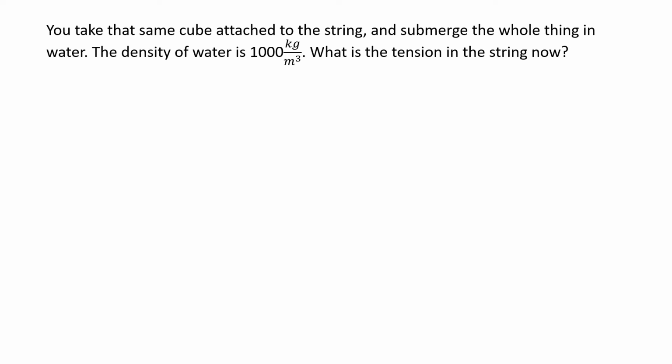So we take that cube, it's attached to the string, and we're going to find out that the tension is not going to be the same. There's this buoyant force. The water is trying to push the cube upward out of the water. So where do I want to put the picture? I'll put it right here.